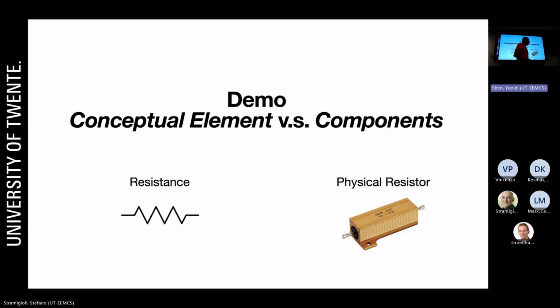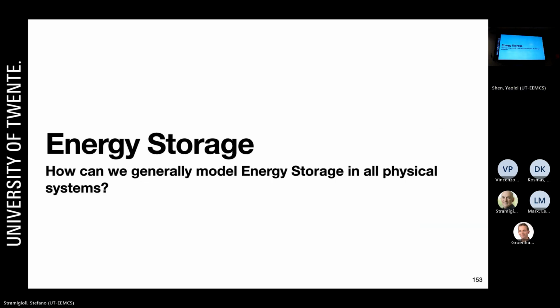So the point is, what do you want to model? The model needs to be competent. It needs to describe what you want to model. If you have a resistor and you play basketball with that, you don't care about Ohm's law. Okay, that's clear, right?